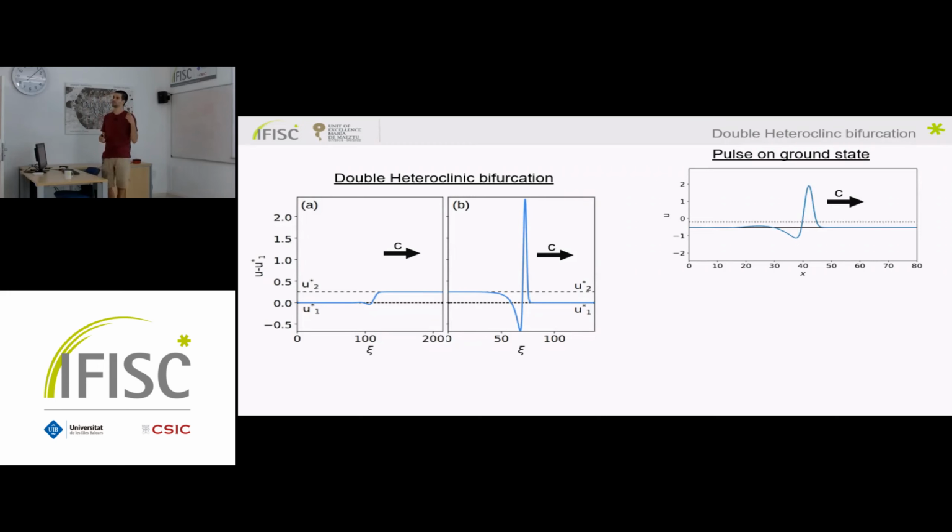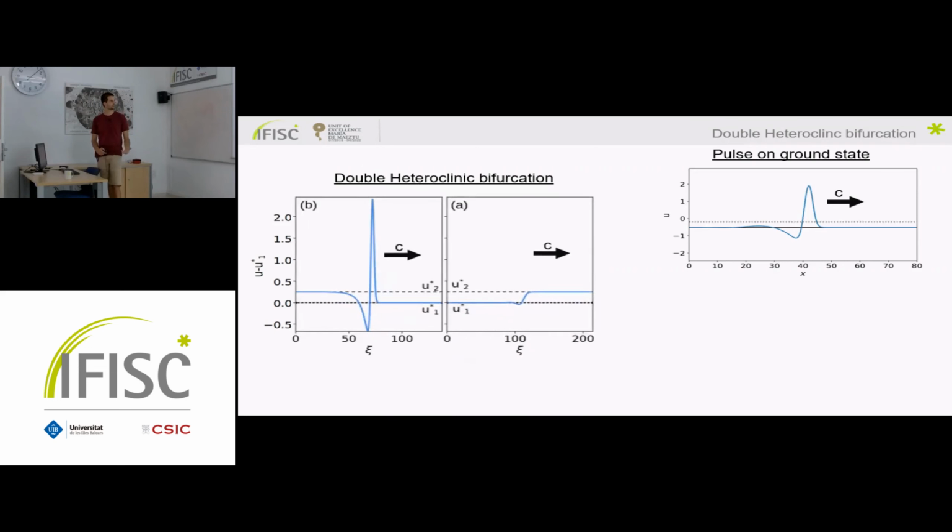But also we can think that these two fronts could interact in a different way. No? So if we put the fronts the other way around, we have now a front starting from the saddle point, then a very large plateau on the rest state, and then it will come back again to the saddle point. No?